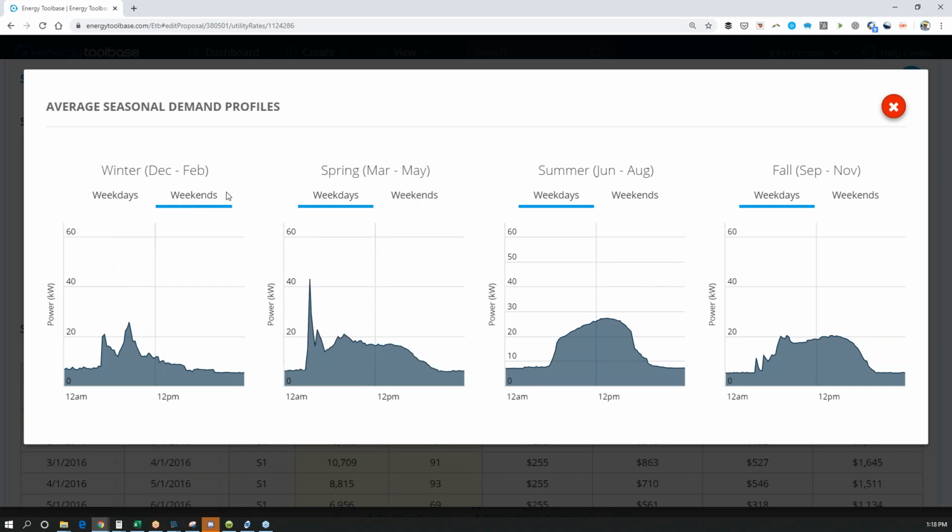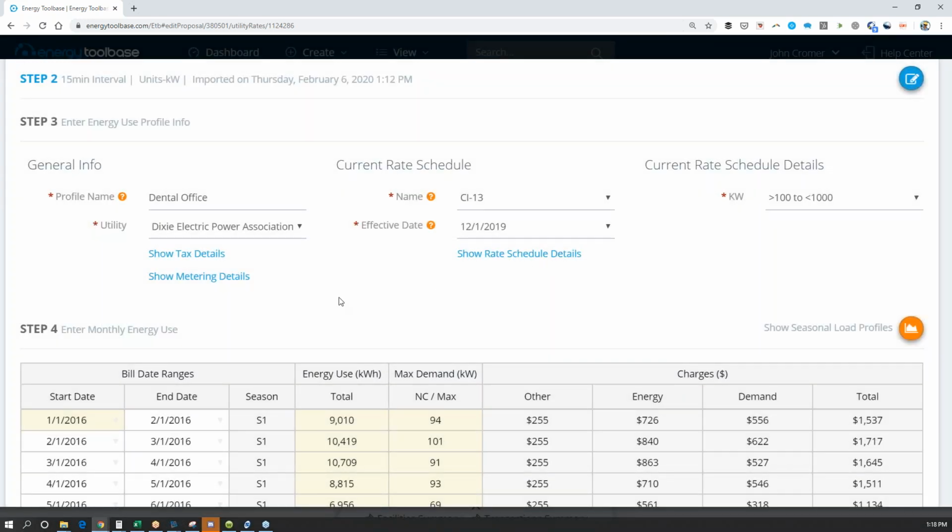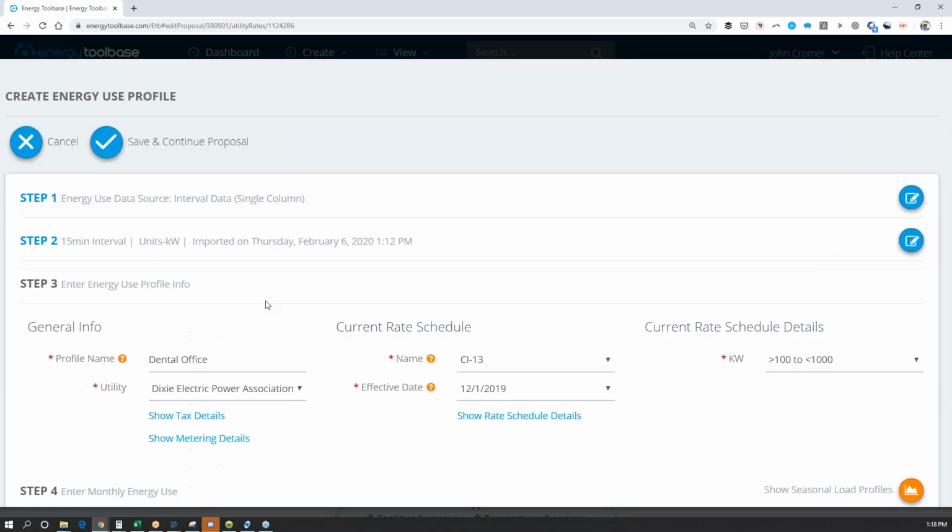Weekdays we got off peak. Summertime, weekends, nothing. All of this is electrical load from computers and devices and appliances, as well as air conditioning loads. That's kind of fun. We can start looking around and learning a little bit more about our facility usage.